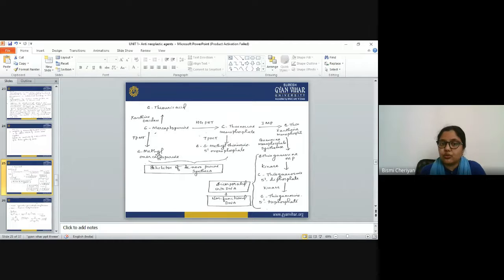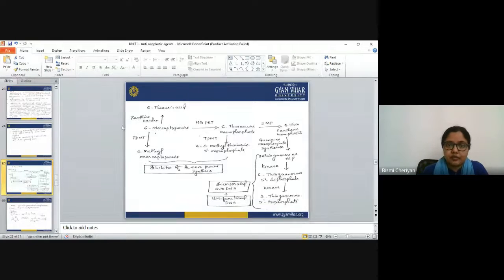And these two products are inhibitors of de novo purine synthesis. When the purine synthesis is reduced, the DNA synthesis is also reduced. So this is the way of this 6-mercaptopurine's metabolism, and this is the mechanism of action of the 6-mercaptopurine.